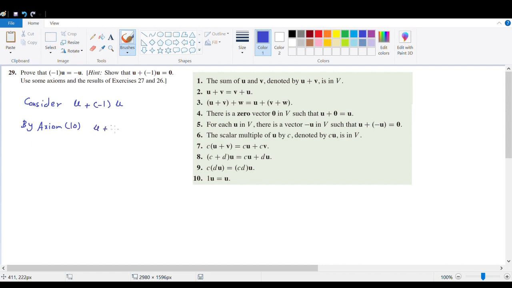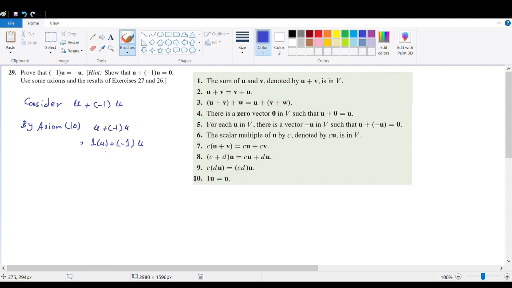u plus minus 1 multiplied by u, let us write it here, it is just u is 1 multiplied by u plus this one also minus 1 multiplied by u. So now if we use axiom 8, c plus d multiplied by u is equal to cu plus du.